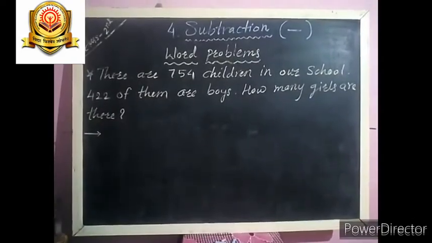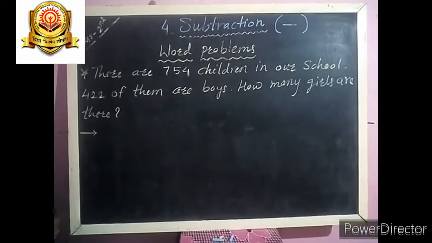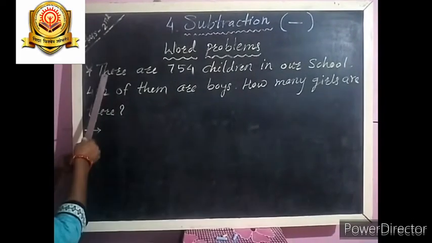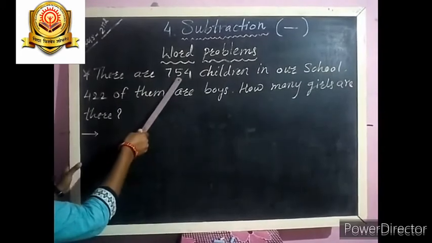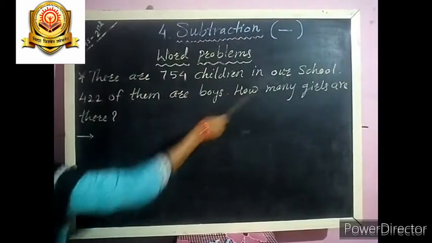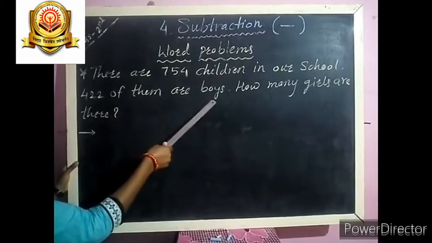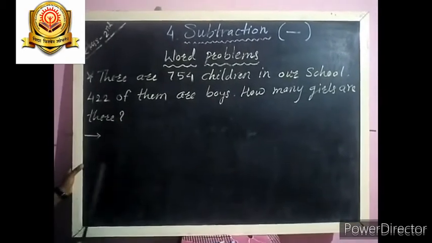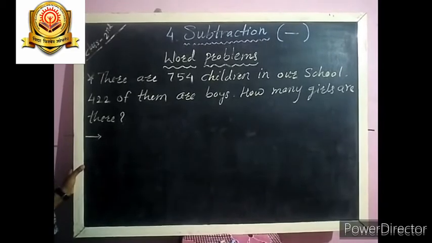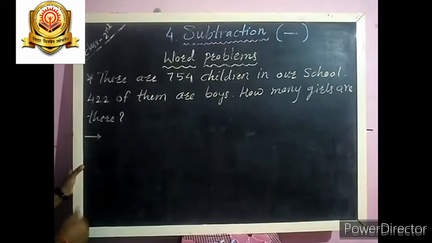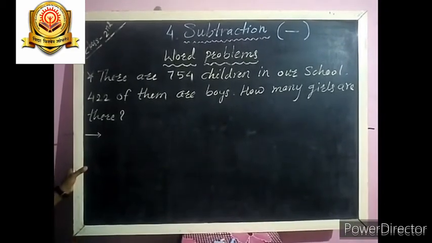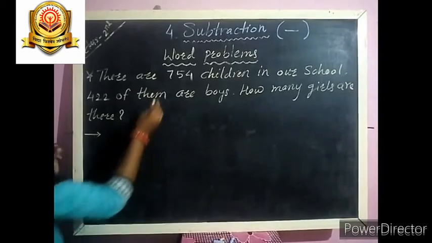Our next point is word problems. For example, there are 744 children in our school. 422 of them are boys. How many girls are there? So students, what is the meaning of this problem? In a school, how many total children are there? 754.